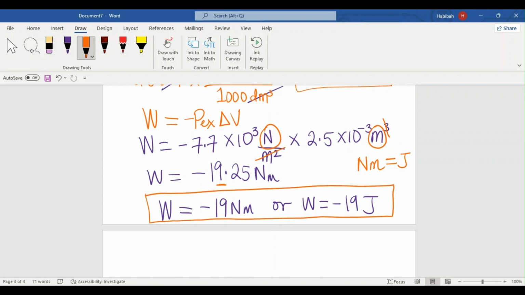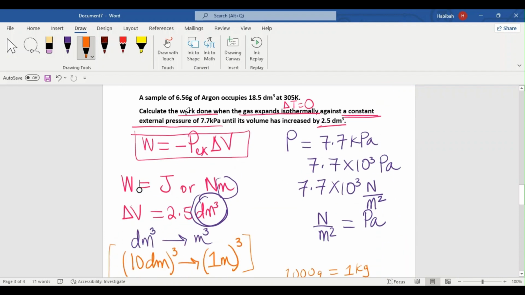If you're confused about what I just did in this question, because it's a very easy question, you first of all determine the formula we're supposed to use, and because it's an isothermal expansion occurring against constant external pressure, the formula W equals negative P external times change in V is what you're going to use.